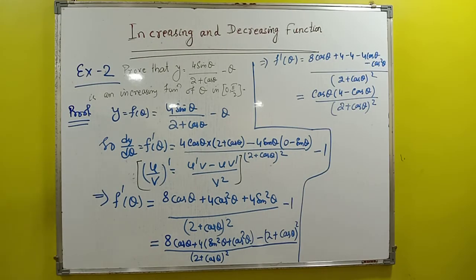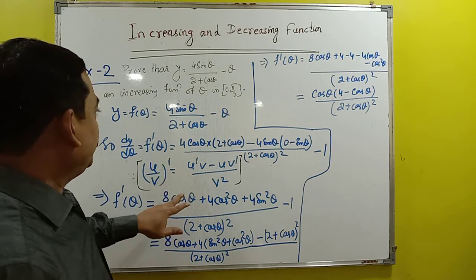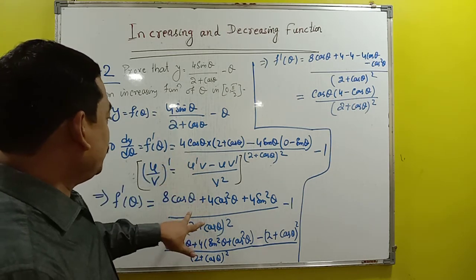Now just you see the f dash theta we have got. Once more I am repeating here, this is by quotient rule you have got this one.